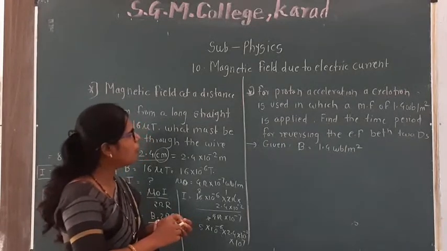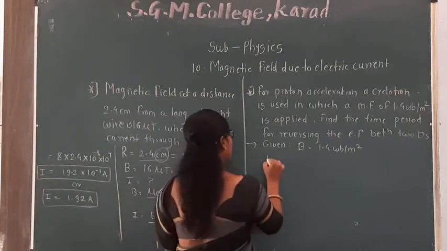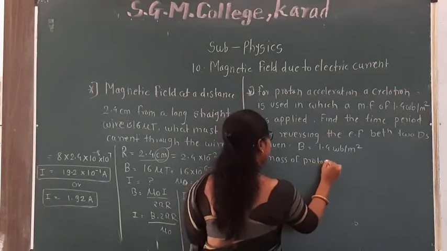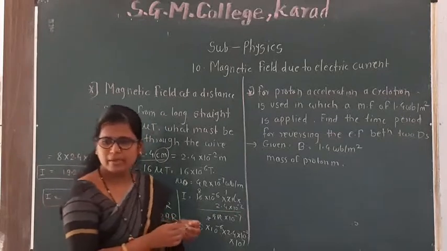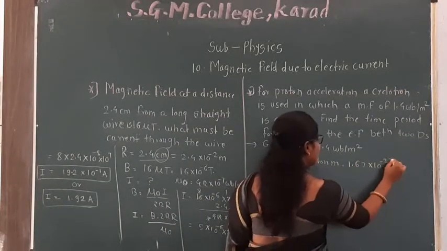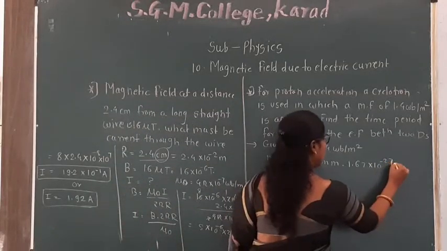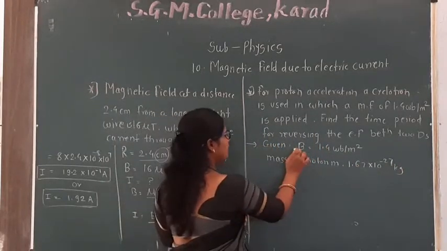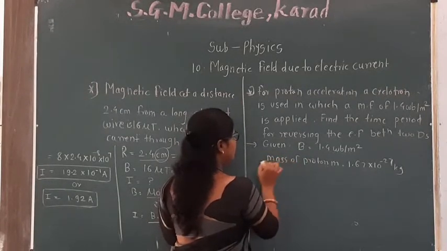Now a proton is given, so mass of proton means m is equal to 1.67 into 10 raised to minus 27. This value all of you know, the mass of proton. If in the exam this value is not given, we have to remember this value.